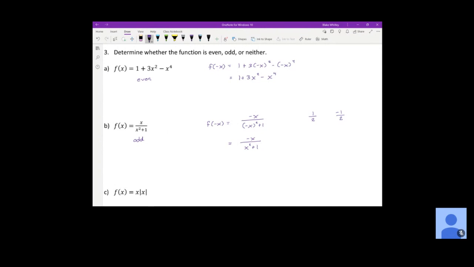All right, let's look at part C. Same thing, we're going to do f of negative x. This time we're going to have negative x times the absolute value of negative x. Now, if we simplify that, what's that going to give us?